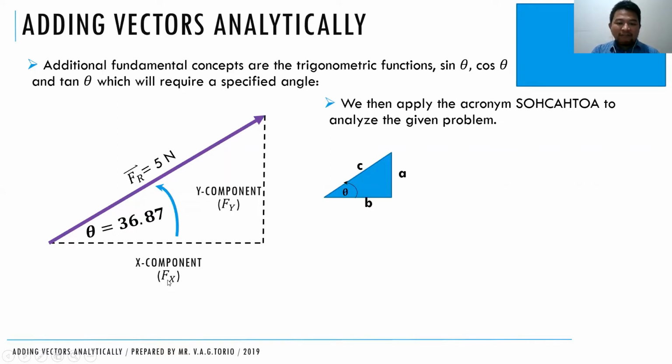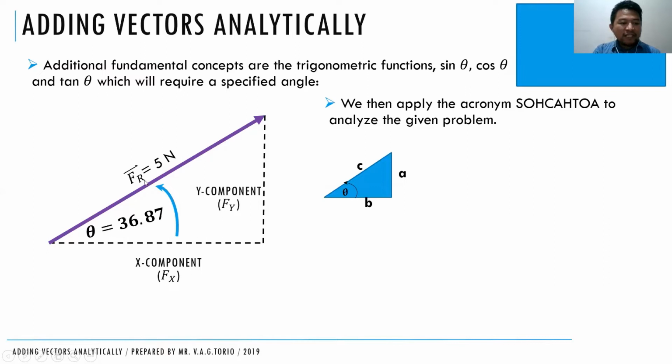Following that triangle, we note the relationship among the angle theta and the y component. The angle theta is opposite to the y component of the given vector. Theta and the x component are adjacent.